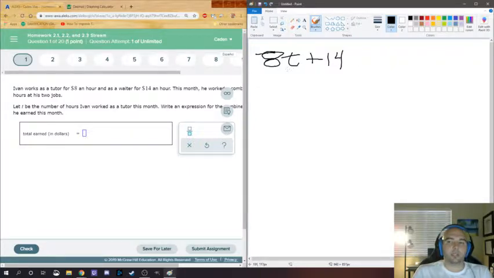They just want me to use T. So how can I not use W here for waitering hours, but I somehow have to use T? This is the part I was saying is a little confusing. Instead of multiplying 14 by any other letter, we're going to put some parentheses. Inside of it, we're going to put what we know he does. We know he works 109 hours, and he spends some of those hours working at the other place. So we're doing 109 minus T.